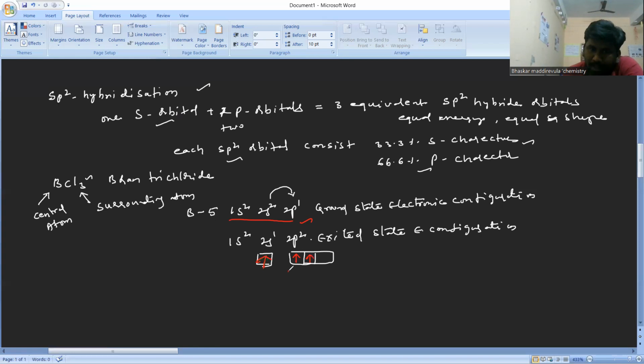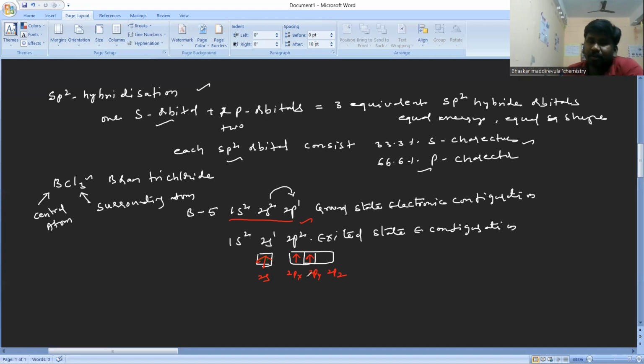These are 2px, 2py, and 2pz, and this is the 2s orbital. There is a half-filled electron in each orbital. Now, this one 2s orbital and the 2px and 2py orbitals are involved in the hybridization.